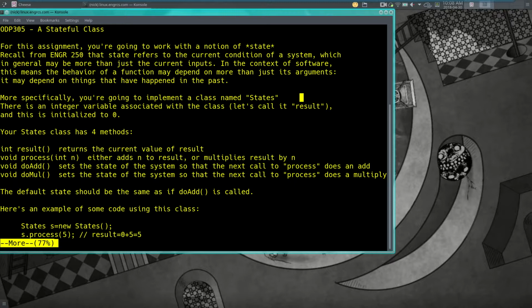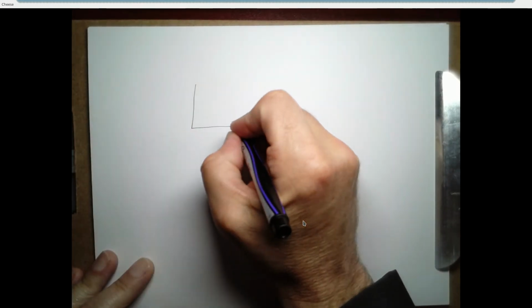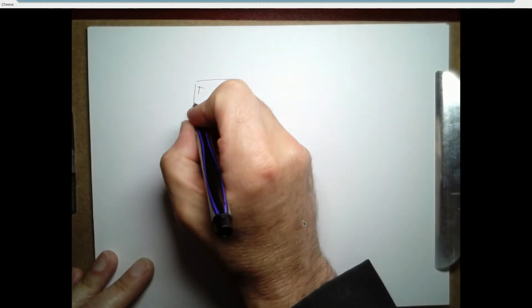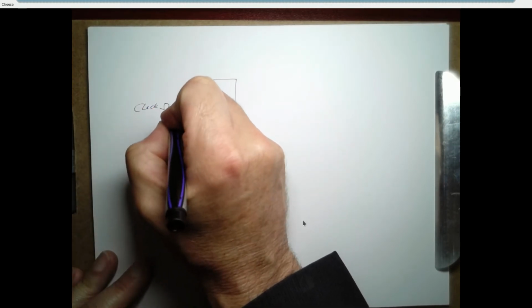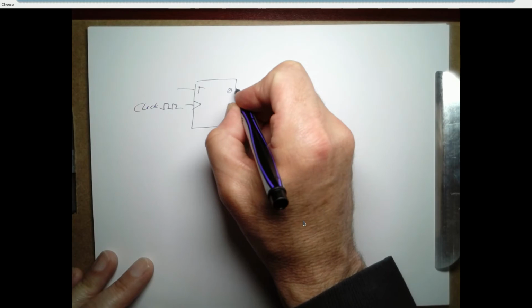Think about a flip-flop, right? Pick your favorite flip-flop, set up the inputs, hit the clock. Sometimes just looking at the inputs you can tell what the output's going to be when the clock ticks, but sometimes you can't. For example, a toggle flip-flop has a toggle input, a clock, and a Q output.